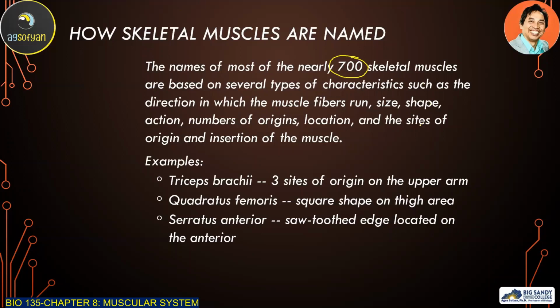How are they named? Usually they are named based on their characteristics, sometimes their directions, how they go, the size of the muscle, the shape of the muscle, the actions, the number of origins, their locations, and the site of origins and the insertion.